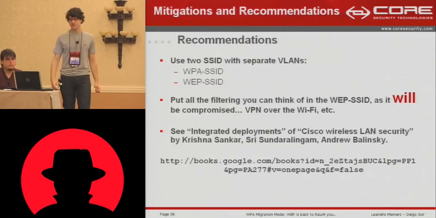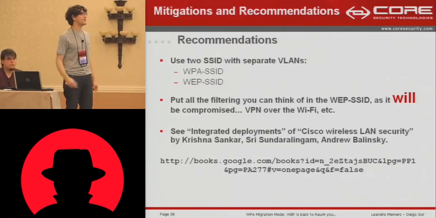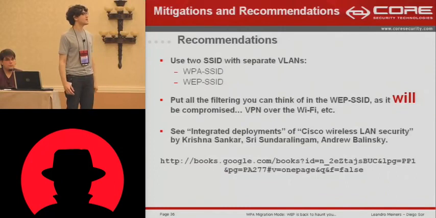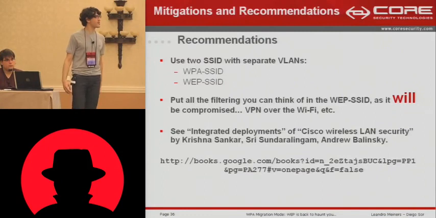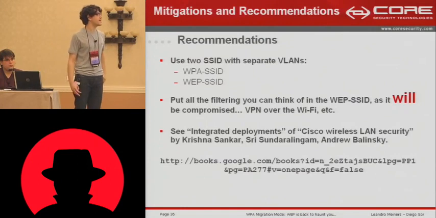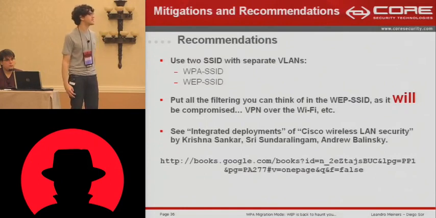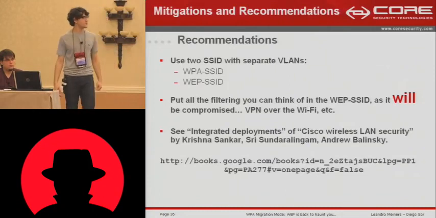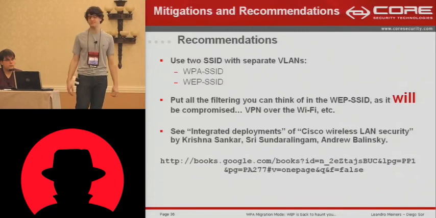If you can use VPN over the WEP part of your network, that is an interesting solution, but it depends on the devices, endpoints or computers you are using in the WEP part of your network. And finally, some general recommendations about how to secure a wireless network can be found in the book Integrated Deployments of Cisco Wireless LAN Security. And then you have a Google Books URL to look at this book.